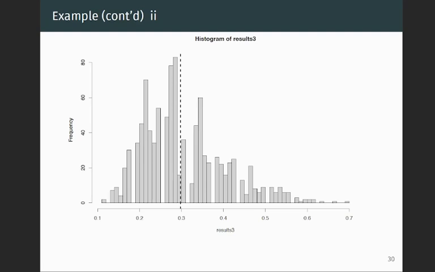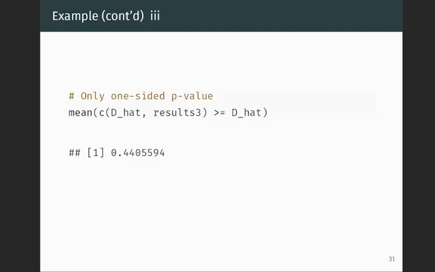So there's only a one-sided p-value here. We want to look for large values. And so if we compute that one-sided p-value, we get 0.44, which is, again, greater than our significance level of 0.05. And so we don't have enough evidence to reject the null hypothesis of equal distribution in weights.